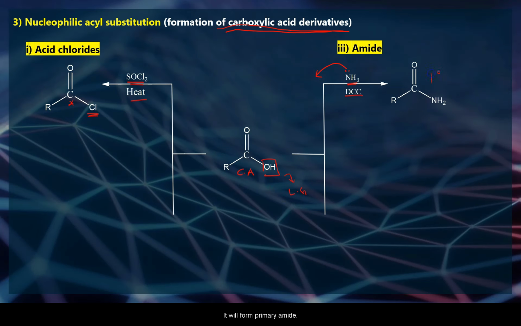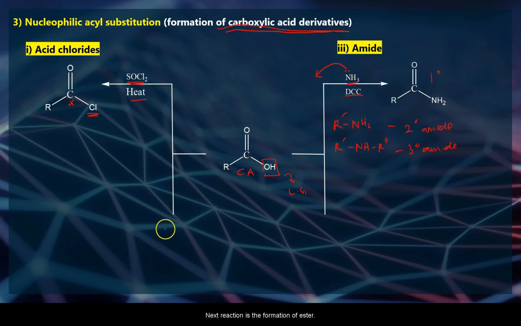It will form primary amide. You can form secondary amide if you treat carboxylic acid with primary amine, while tertiary amide can be formed if carboxylic acid is treated with secondary amine.